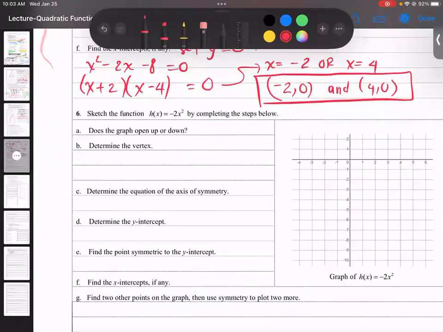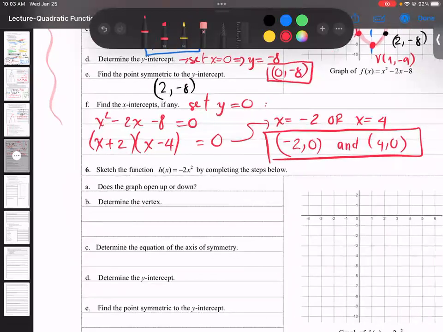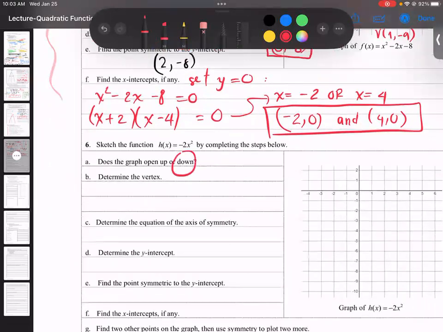Let's do this one real quick, because it's very similar to number 5. Open up or open down? Down, because a is negative. Determine the vertex. You use the formula x equals h equals -b over 2a.